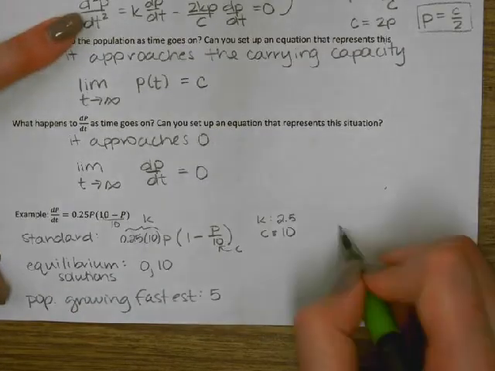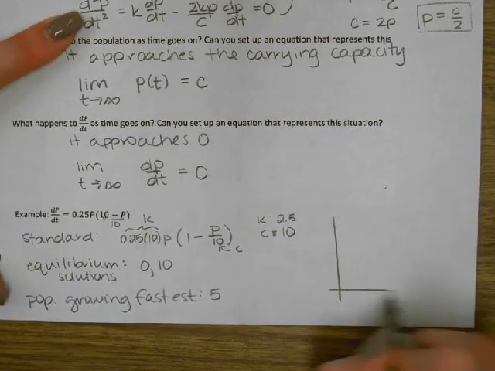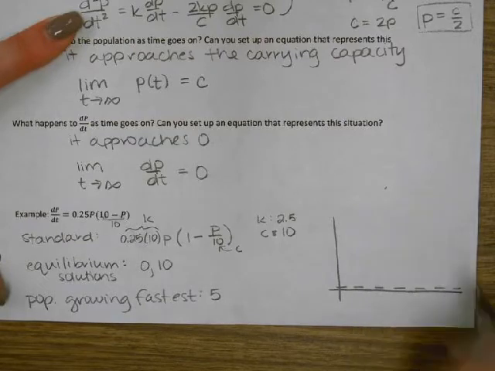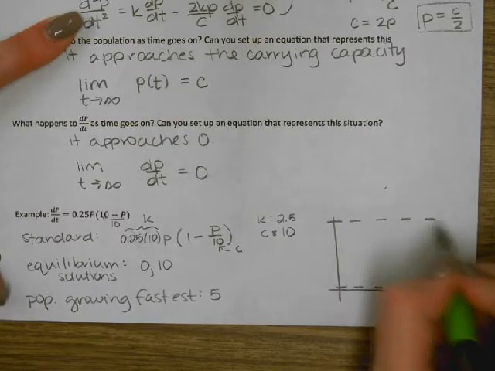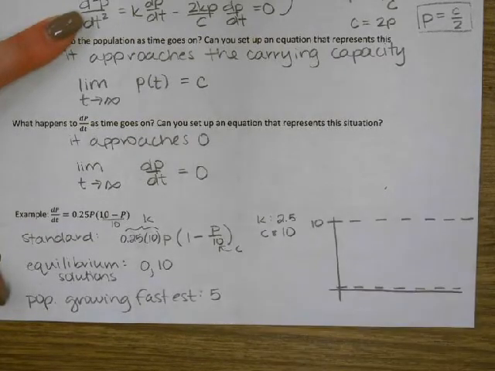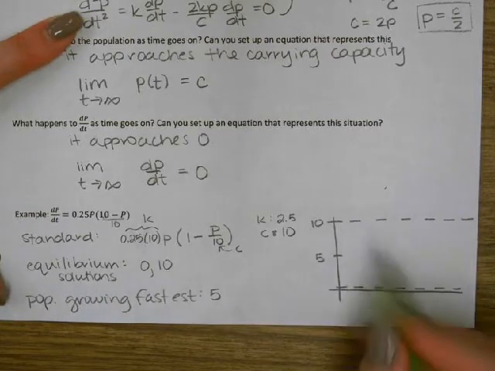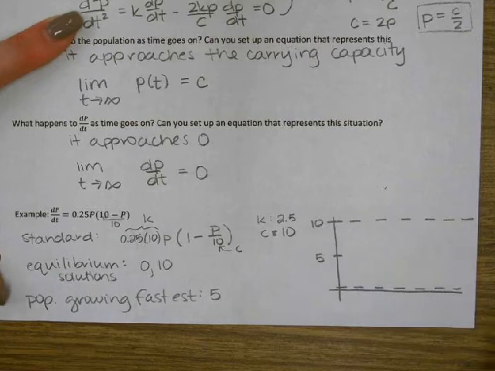And we're going to go ahead and draw a little sketch in here. So we have a horizontal asymptote at 0 and a horizontal asymptote at 10, and we're going to say that our equilibrium solutions are there, right? That's where we have a slope of 0, so that's why we're seeing those as horizontal asymptotes.